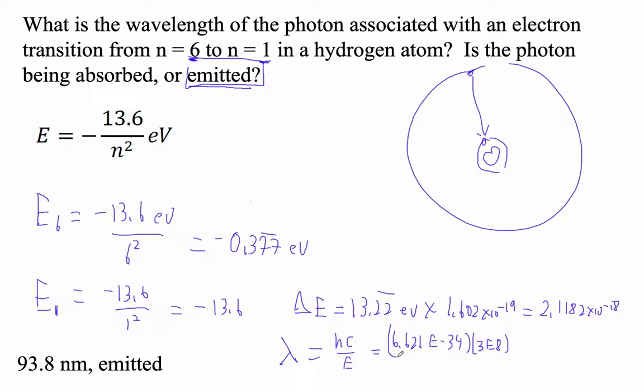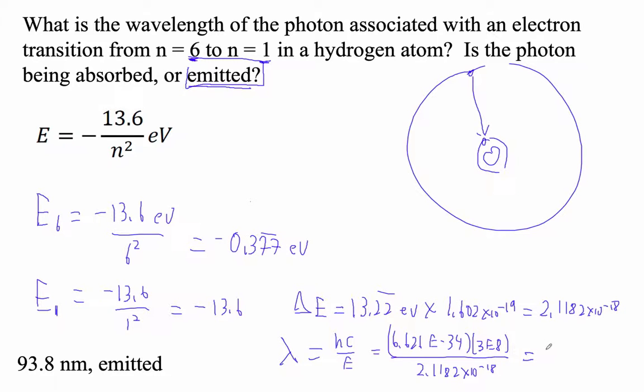Feel free to use the shortcut. There's actually a shortcut where you can go directly from eV to nanometers, but you know, I've got my pride. So 2.1182. All right, so 6.626 E minus 34 times 3 E8 divided by the answer I just got.